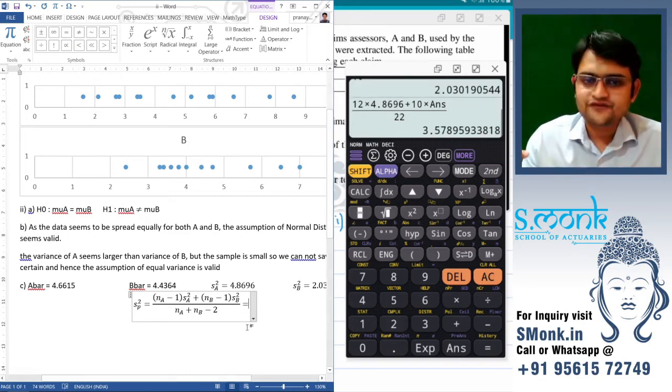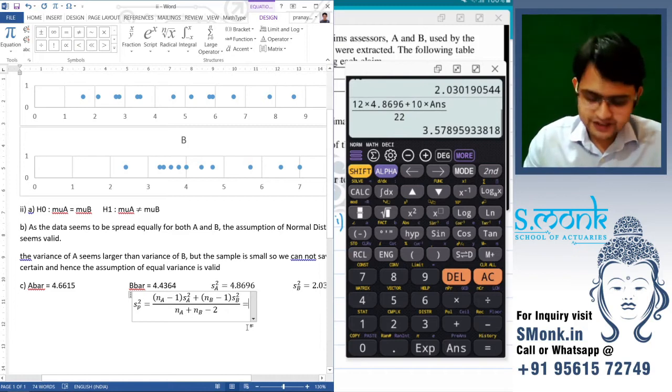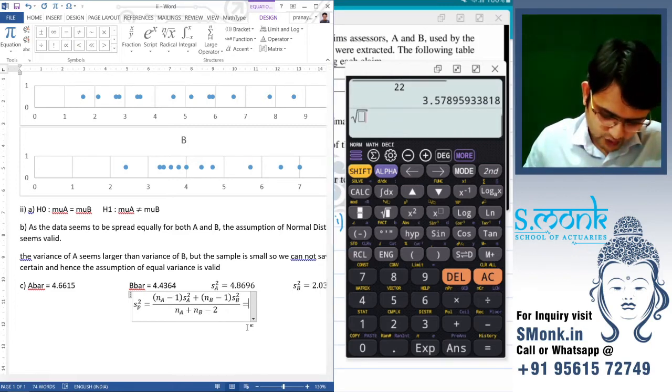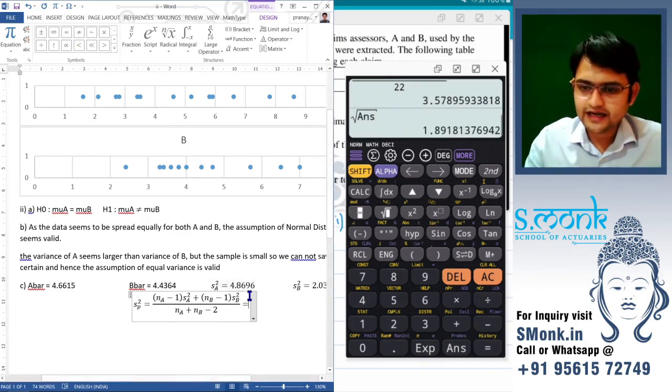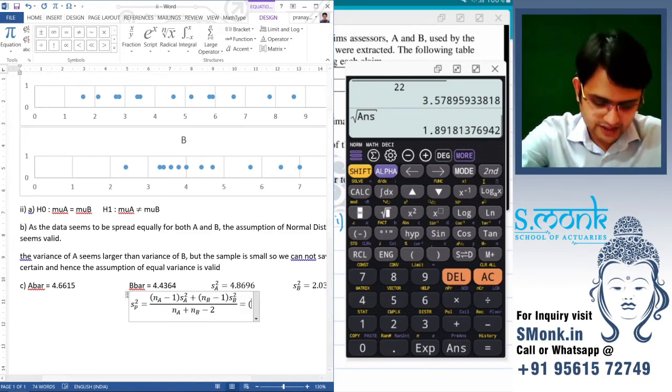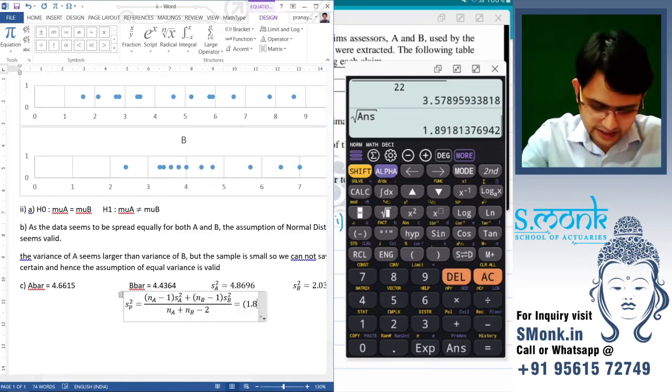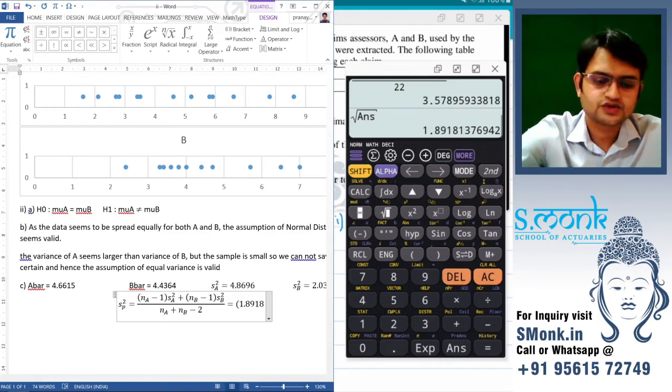Now we do not use SP square, we use SP. So what I do is I take root of this and I directly write SP square as 1.8918 square.